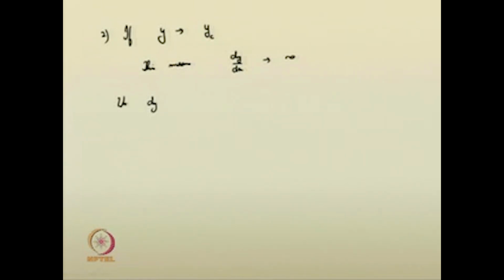When dy by dx is equal to 0, your water surface is almost horizontal. When dy by dx is equal to infinity, your water surface becomes almost vertical, and a vertical state of water surface is not at all possible in nature. So, whenever it reaches the critical state, the water surface becomes unstable and tries to achieve either the supercritical or subcritical condition as soon as possible.